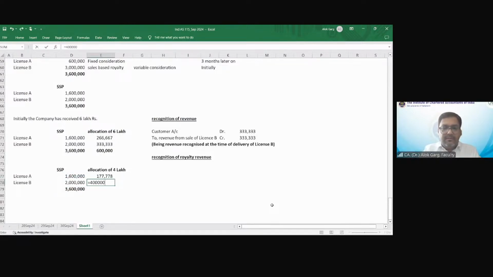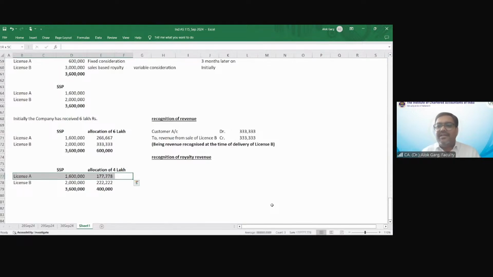4 lakh multiplied by 20 lakh divided by 36 lakh. This is 4 lakh. Sir, we understand how you have allocated this 4 lakh rupees. But sir, this license A has not been delivered yet.